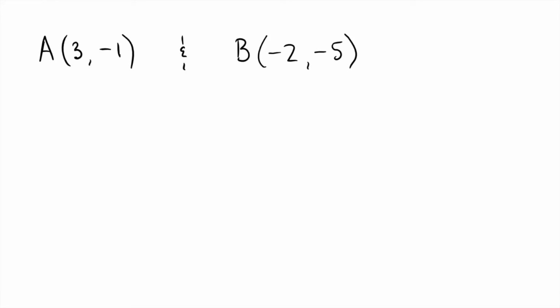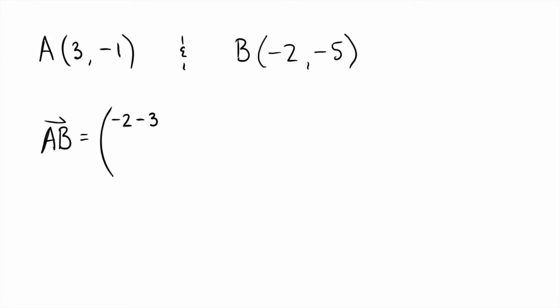So let's look at an example strictly through an algebraic lens. Here I've just got 2 new points, their coordinates are given, I have x values and y values, and I want to find the vector AB. Again, I'm taking the x values and subtracting them, starting with the x value of the point where it terminates, and then subtracting the x value of the point that it originates at.